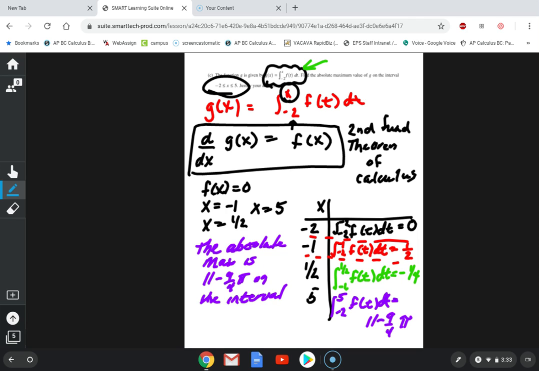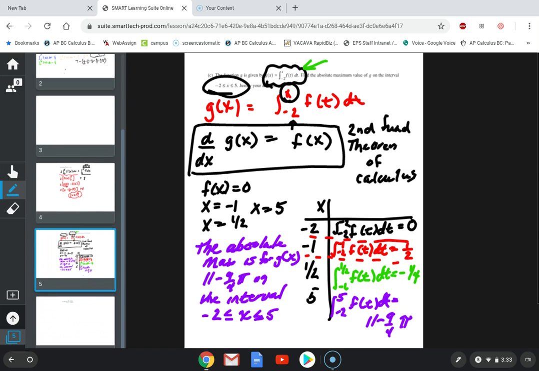Always include the interval from -2 less than or equal to x less than or equal to 5. And this is the absolute max for g of x. Identify the function you're referring to. And that is how you do part C. We're ready to move on.